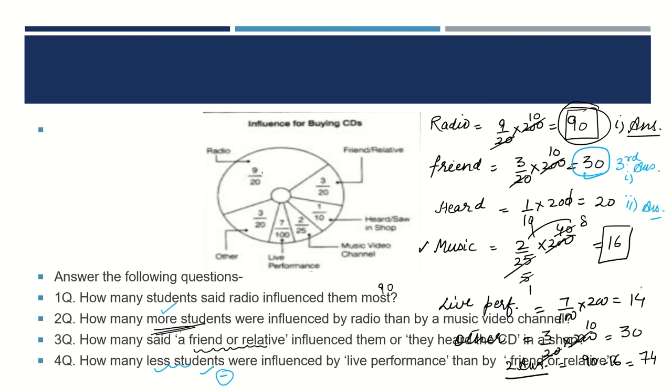In live performance I have 14 students, and in friend or relative I have 30 students. So how many less? 30 minus 14. I think 16 students. Yes or no? Yes. Okay. So we have done these 4 questions based on this pie chart.